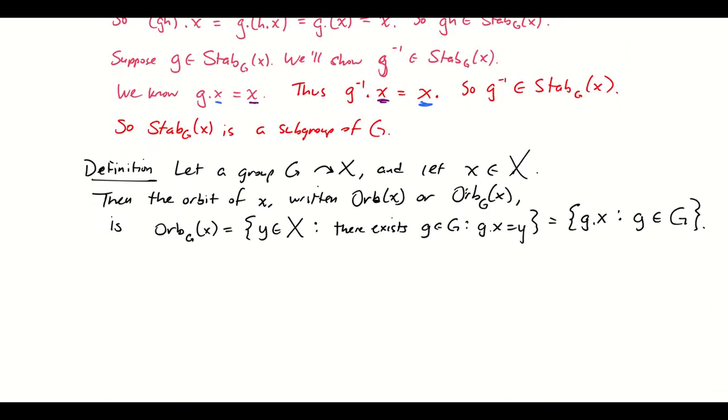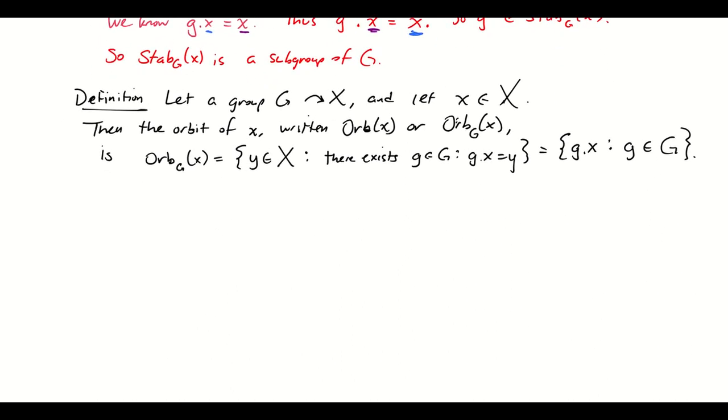Now, I'm not going to prove any special properties of the orbit in this video, but I do want to do a fairly sophisticated example of stabilizers and orbits. So here is a fairly sophisticated example. I'm going to let my set X be the set Z mod 10.